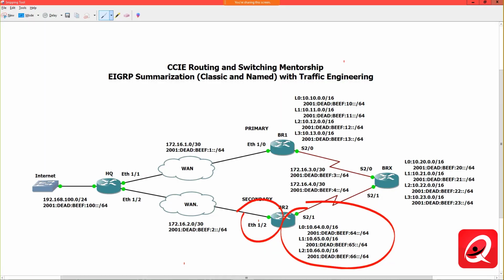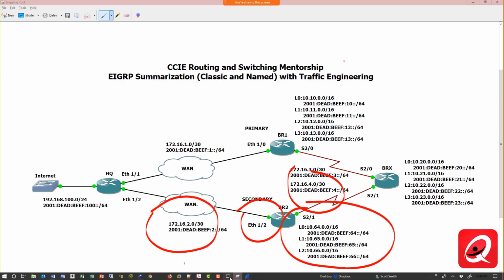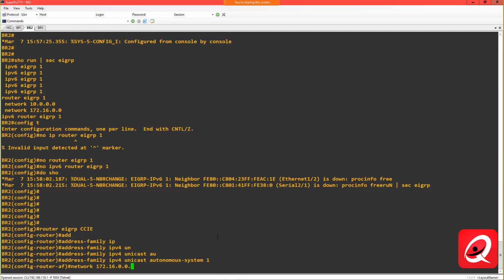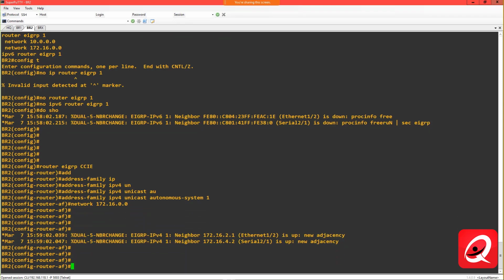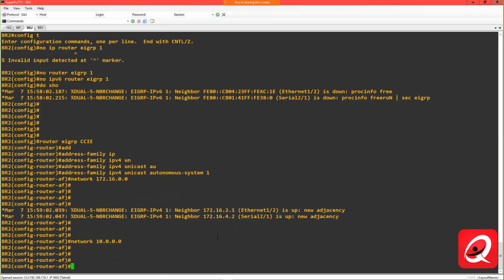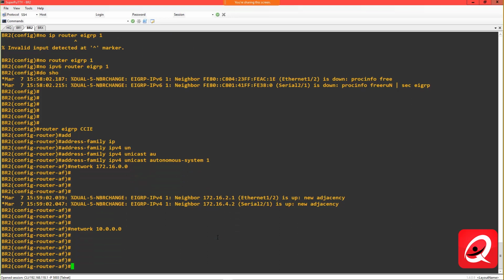So that's going to include this interface here and this interface here. We put our network statements in the same way. And so I should see some adjacencies come back up. And then I also want to run it on network 10.0.0.0, so all my loopbacks are now being re-advertised.